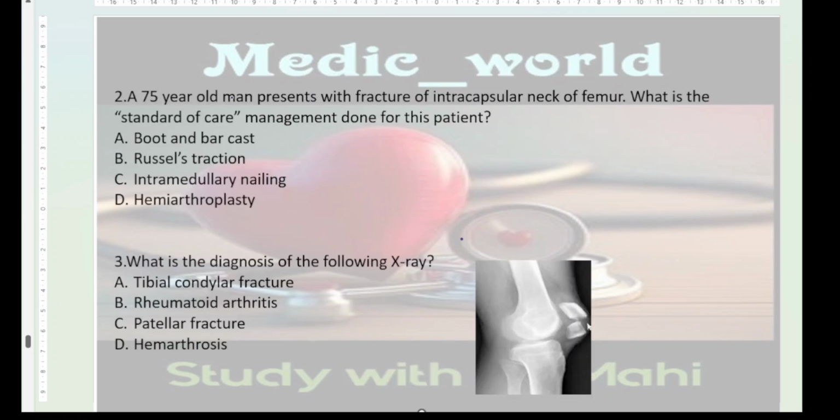The question is a 75-year-old man presents with fracture of intracapsular neck of femur. Intracapsular neck of femur fracture in a patient more than 65 years, that is a 75-year-old man. So, how will we manage it?